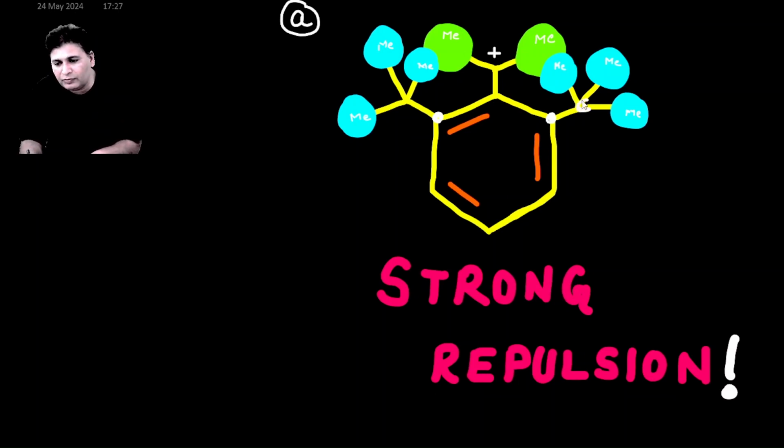This is a carbon which is attached to 3 methyl groups, and this is also a carbon attached to 3 methyl groups. It is a tertiary butyl group, which I have drawn like this. Now you understand what the problem is in this structure.